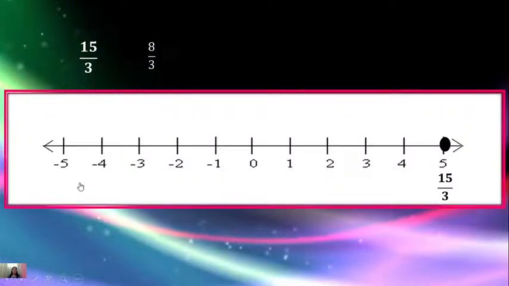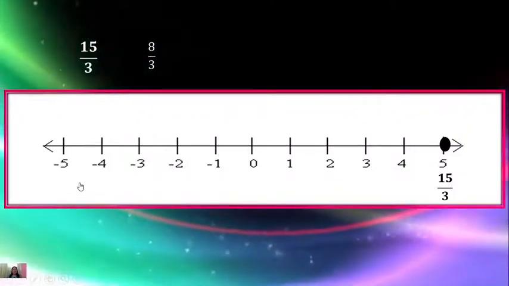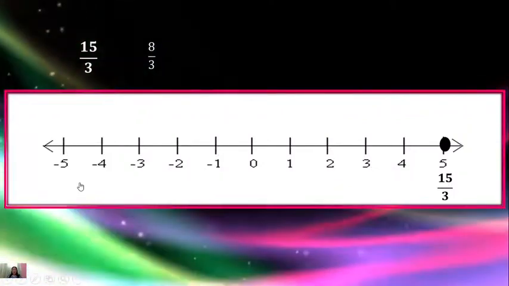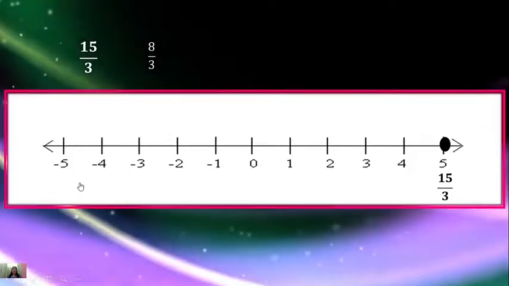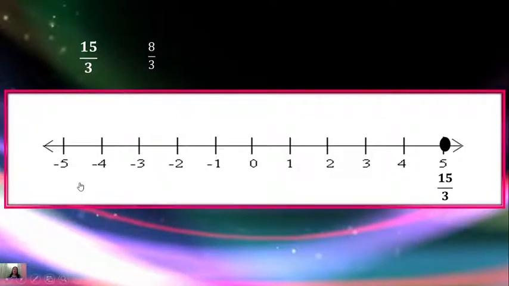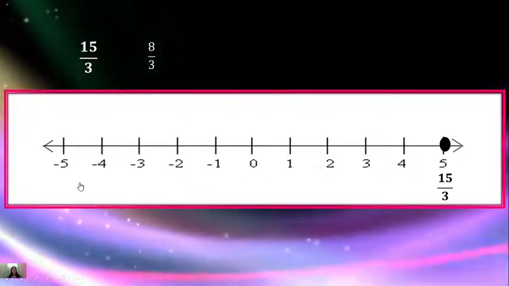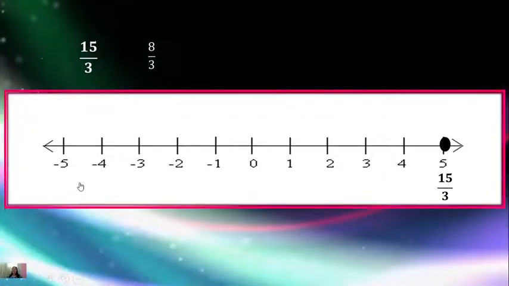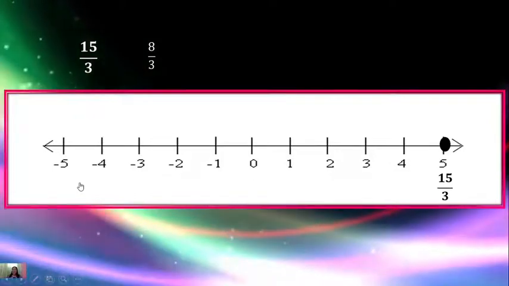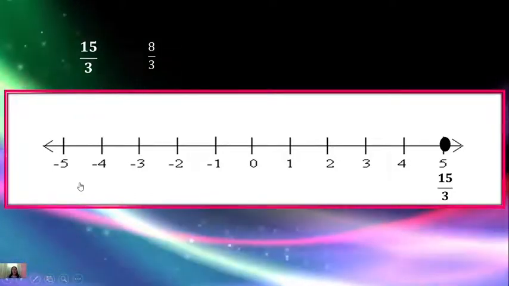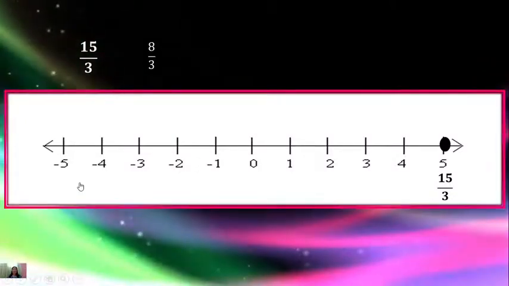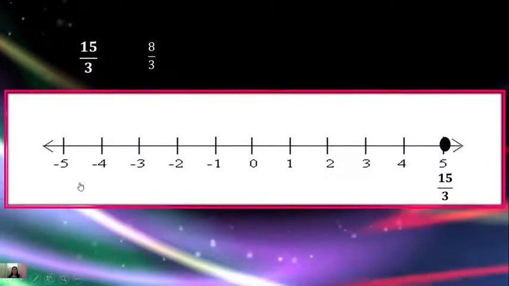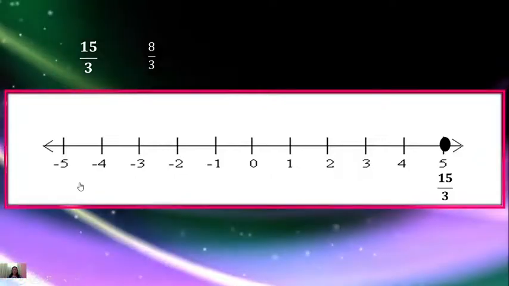Another one, 8 over 3. If the given real numbers are fractions, it is better for us to change them into decimal form to identify at once the location of the given real number or fraction. 8 over 3, that is what?